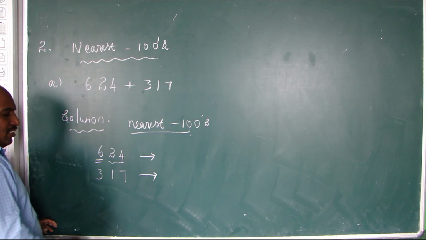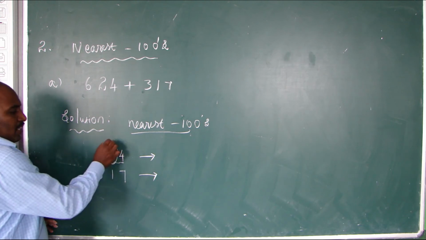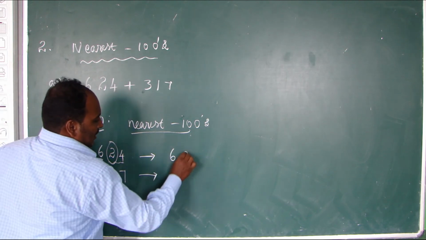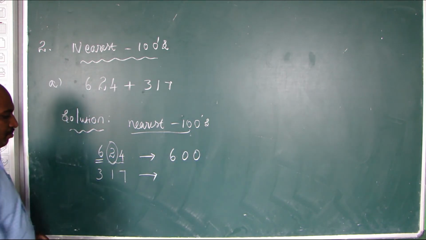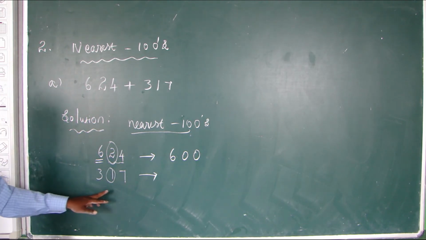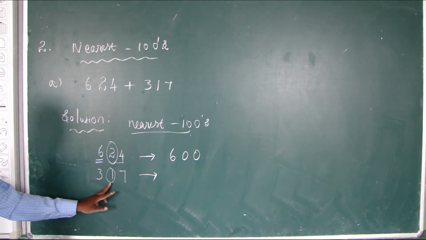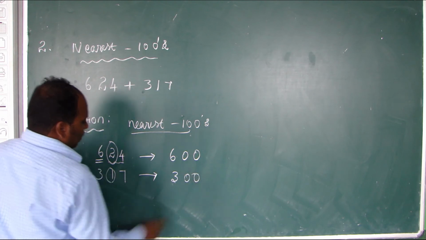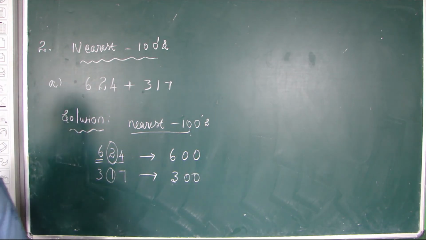624. Here the tens place is 2, so the rounded value is 600. Next one, 317. The tens place is 1, so the rounded value is 300.